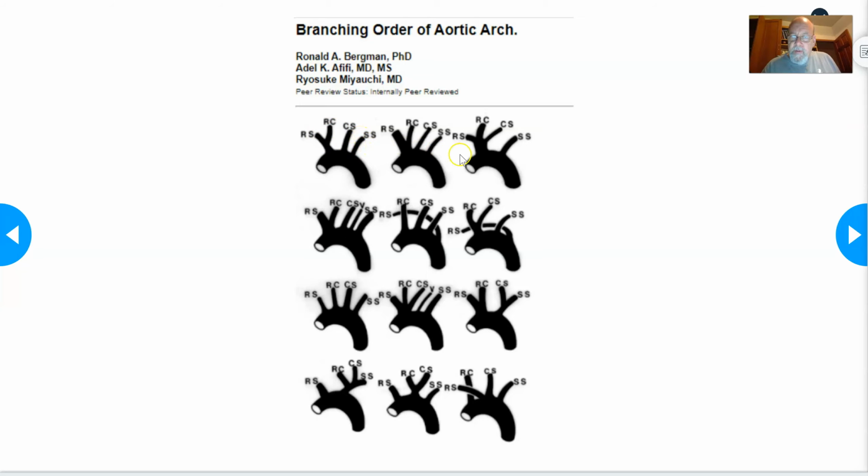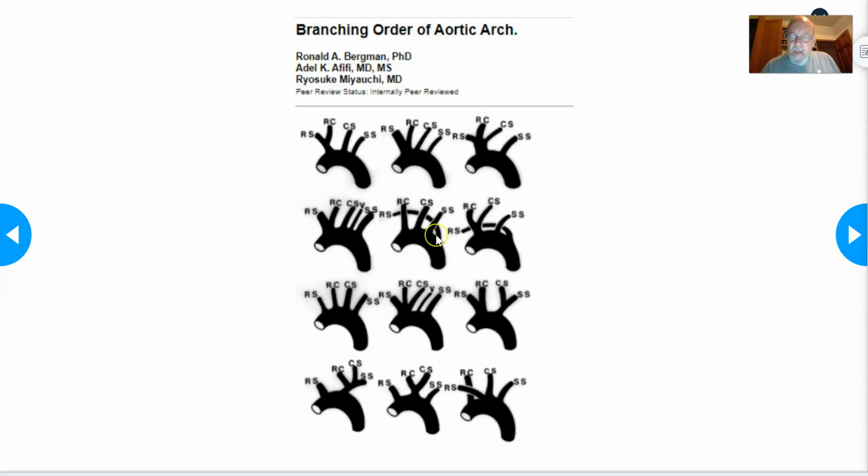Well, I could have a situation where the first branch off of the aorta is almost split in two and has two individual branches. I could have where the second branch is coming off of the first branch instead of forming a second branch. And I have a whole bunch of other bizarre anatomical variations here.